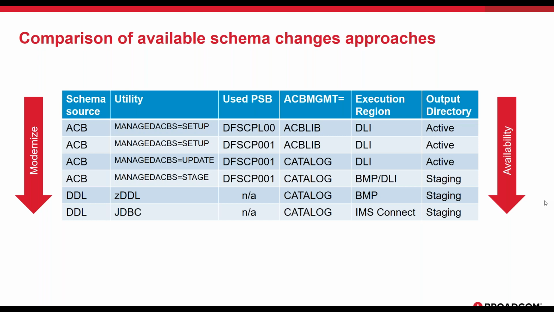And then here you can see again what's the basically output, whether the active directory is still updated or whether rather the staging directory is updated, what supports really the high availability. So this is kind of an overview and mapping of all the decisions which you could probably take into account, and hopefully pick the best utility for your case.